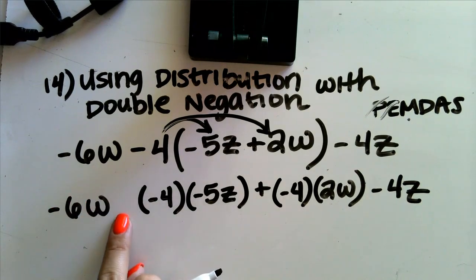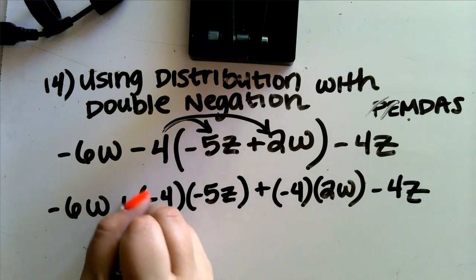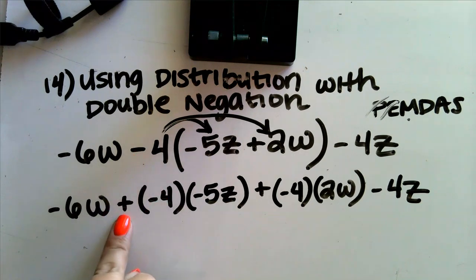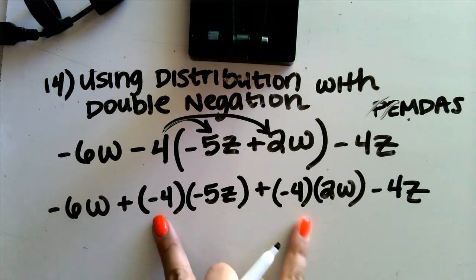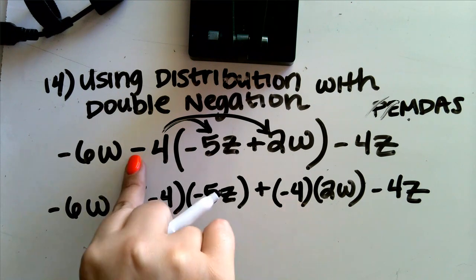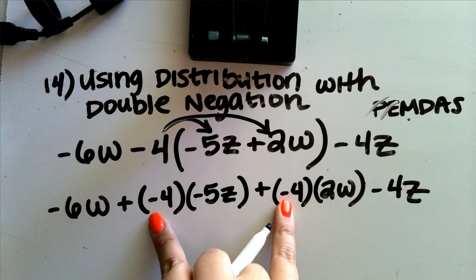Now here, the operation that I am going to use is actually an addition. That's different than what we've been doing before. The reason that I'm including an addition here is because I already included the minus sign right there. I already included a minus sign right there.